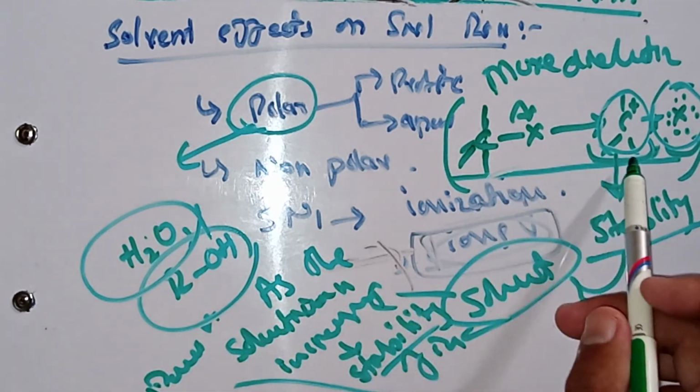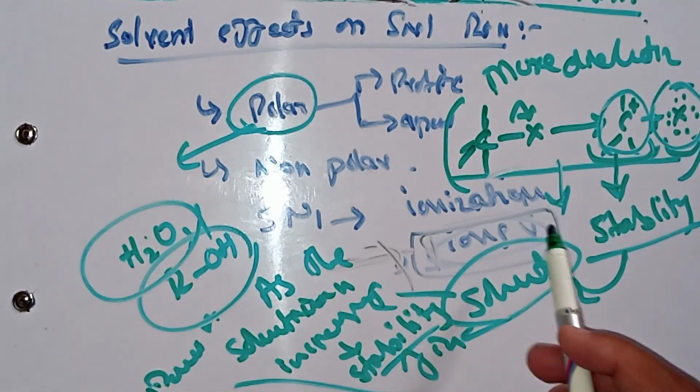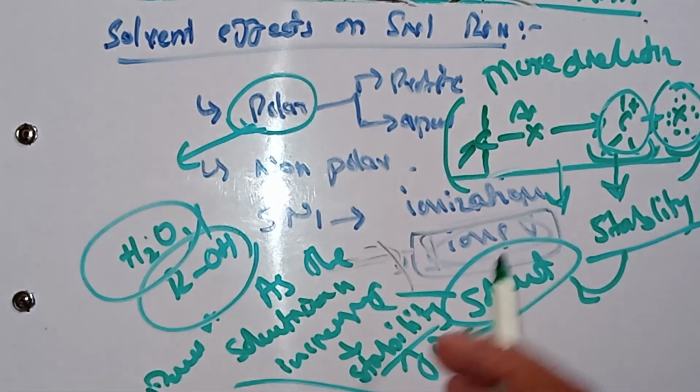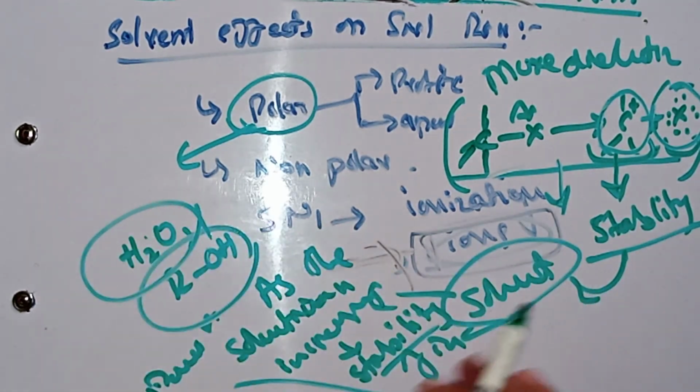We already know that the second step is the fast step, so the Sn1 reaction will occur very rapidly. So these are the effects of solvents, as well as the leaving group's effect, on the Sn1 reaction.